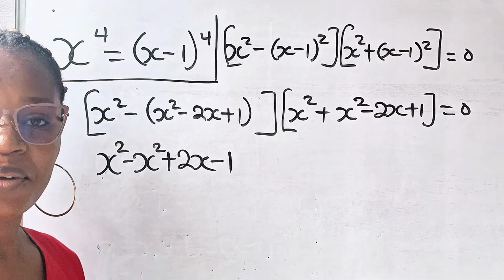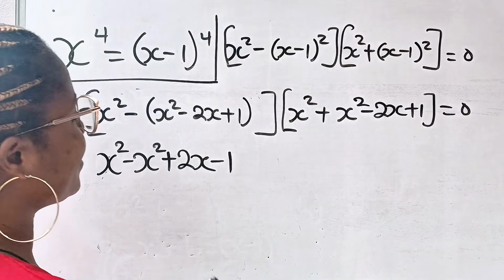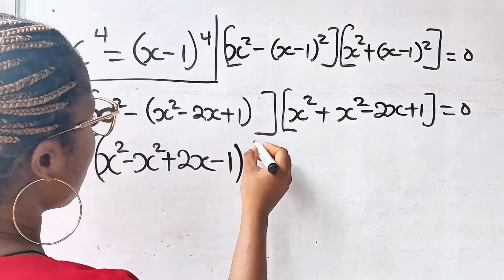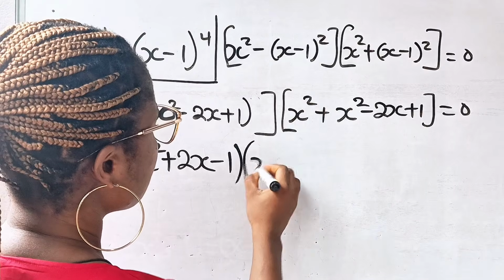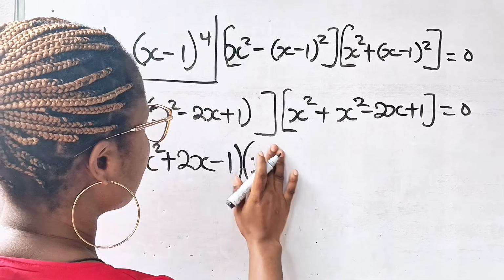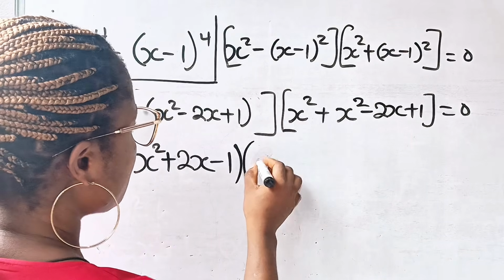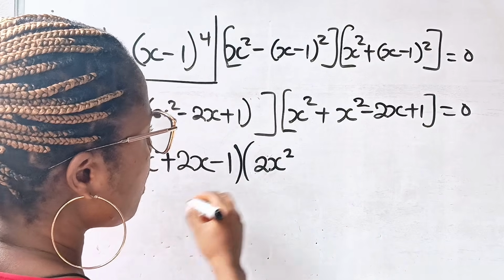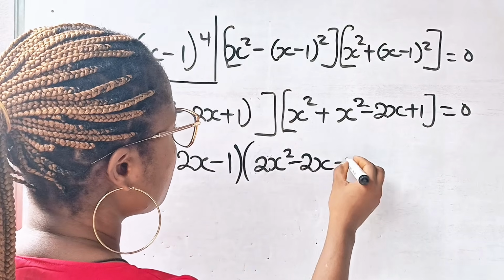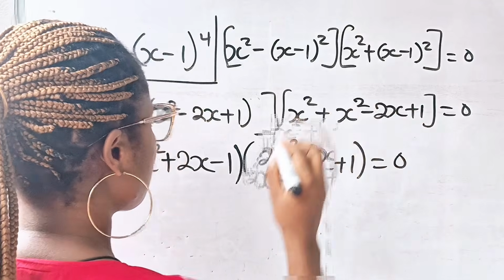Now, moving forward, this will be multiplied by x squared. Okay, we have x squared plus x squared, that is 2x squared minus 2x plus 1 is equal to 0.